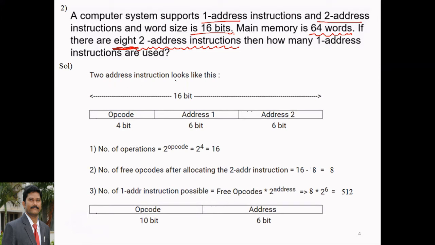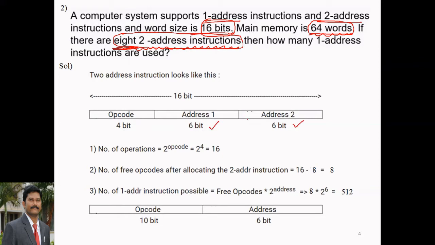Yeah, two address instructions, because he has given 8 two address instructions. First we need to write the two address format, okay. Two address instruction looks like this, it is 16-bit. Why have you written 16-bit here for the instruction format? The word size is 16-bit, so the instruction format is 16-bit, and from this data 64 words, the address length is 6-bit, address 1 and address 2, because two addresses are there.